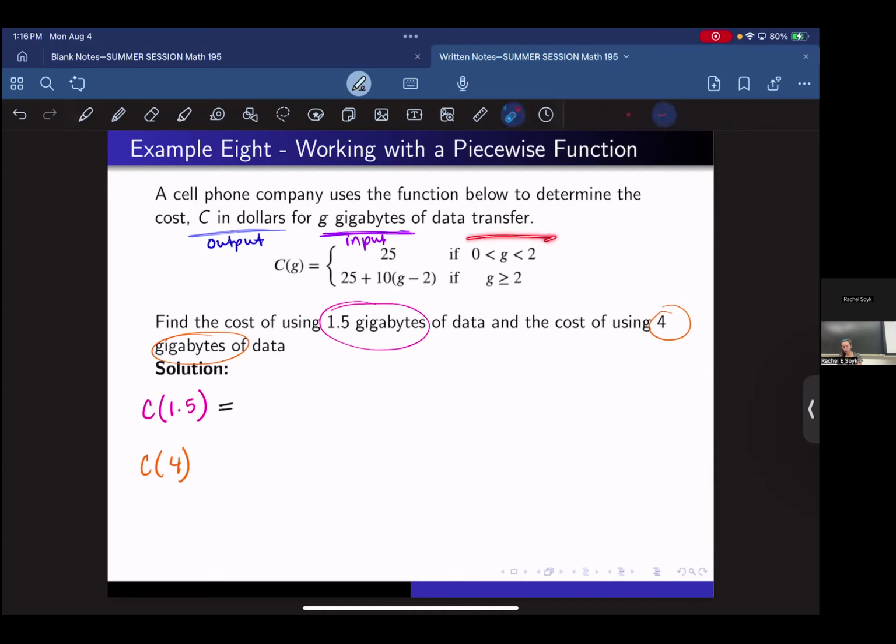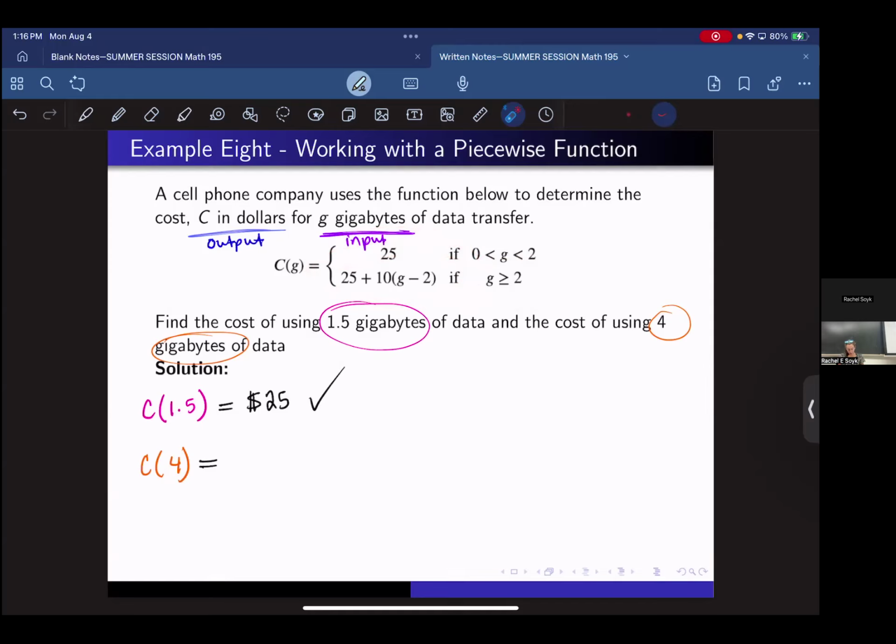1.5 falls between 0 and 2. And so they give us our answer straight off the bat. What's our answer for the first one? $25. Good. The second one, we're looking at 4 gigabytes, which is greater than or equal to 2. So we need to use this function over here.